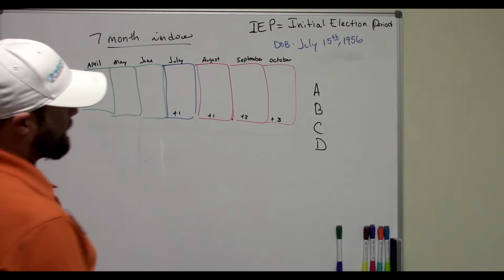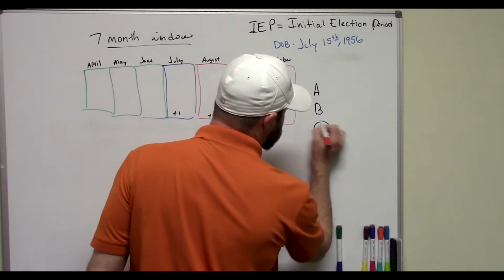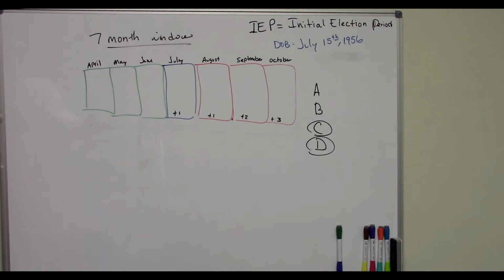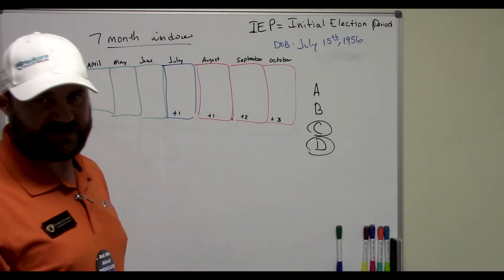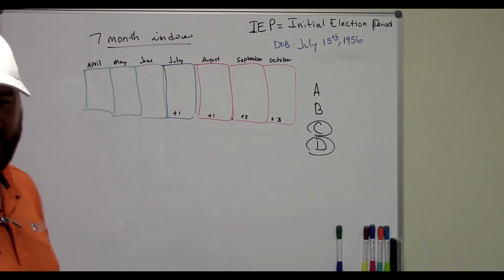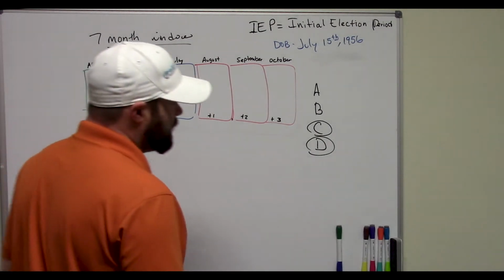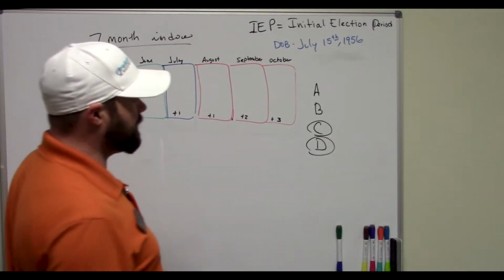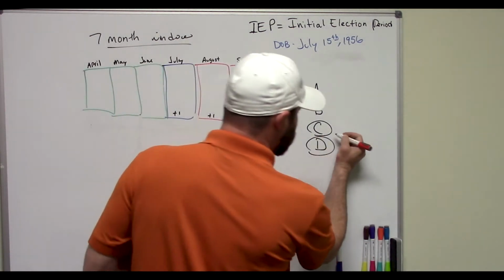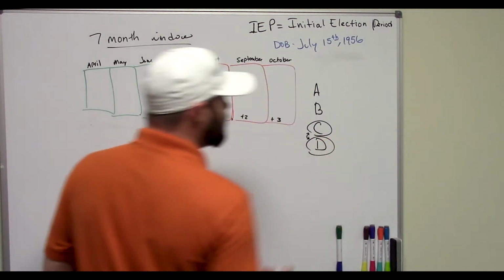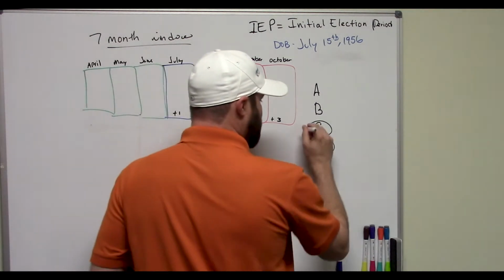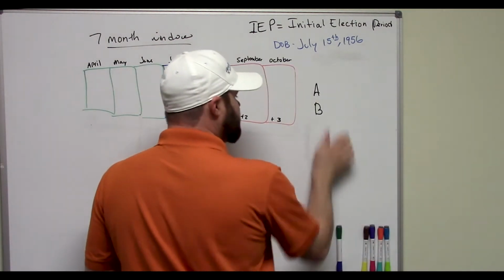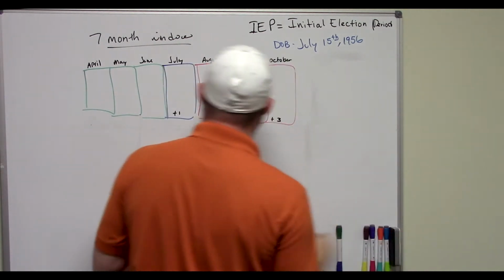If you elect for either a C or a D, you're doing one or the other, not both, except for some rare circumstances where you have a private fee-for-service, PFFS plan, or an MSA plan if there's one available in your area as well. That could be paired with a standalone drug card where you, in essence, would have a C and D together. But this window of time is critically important for you to make sure that you sign up when you're supposed to.